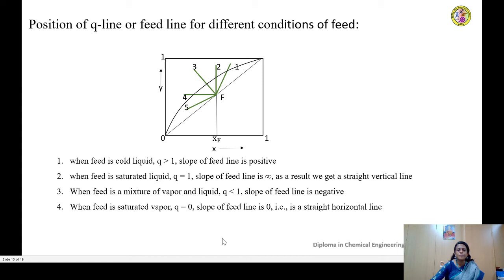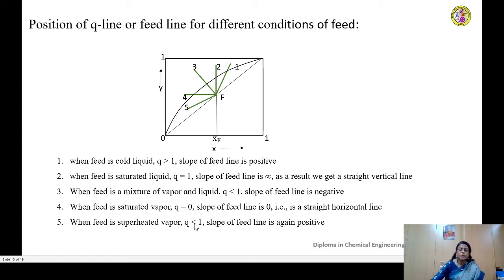So the last condition, when the feed enters in the form of a superheated vapor, the Q value will be less than 1. Okay, because superheated vapor will cause the vaporization of a part of the liquid coming from the enriching section into the stripping section.